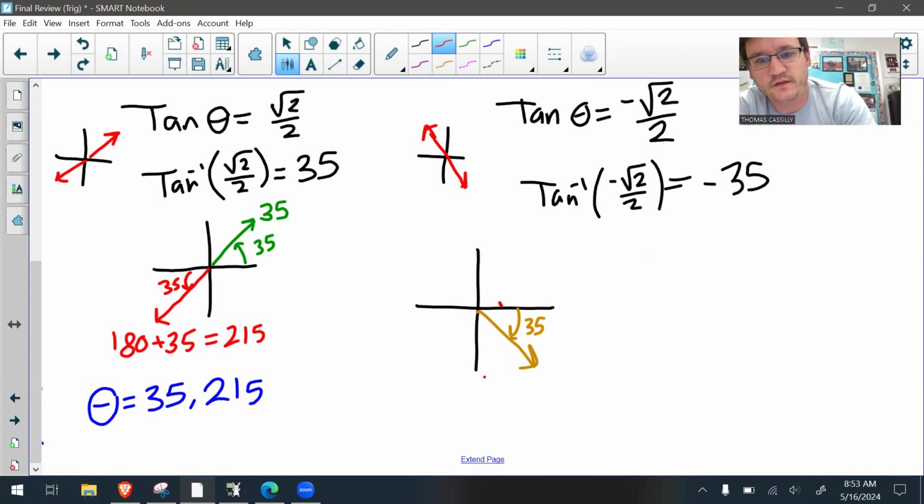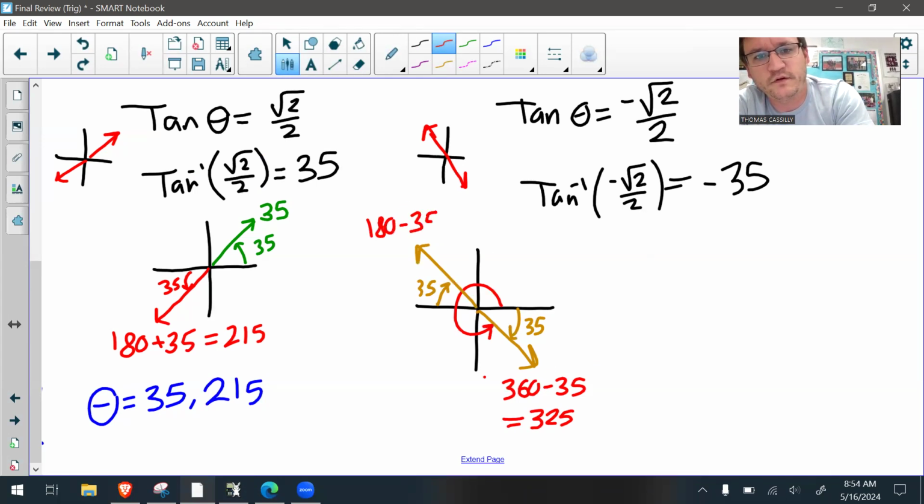We need to find the coterminal angle, which is 360 minus 35, which gives us 325. The second one in quadrant 2 has to be 35 less than 180. So this answer is 180 minus 35, which gives us, what does that give us? 150, 145.